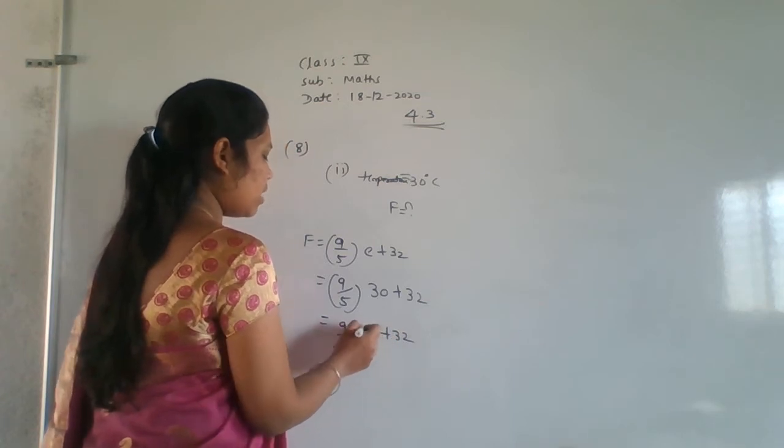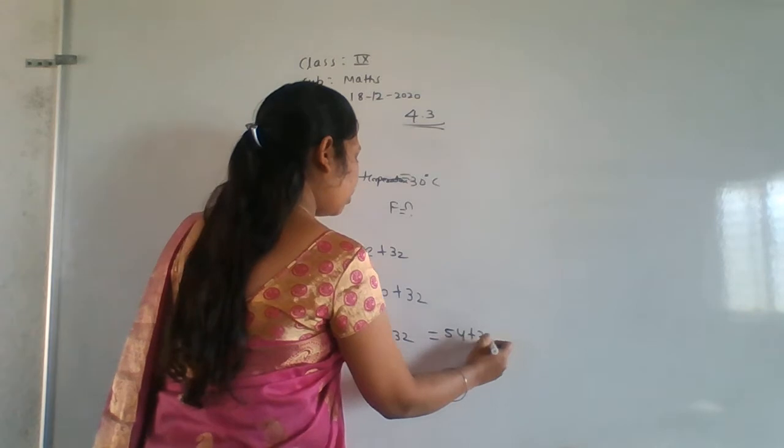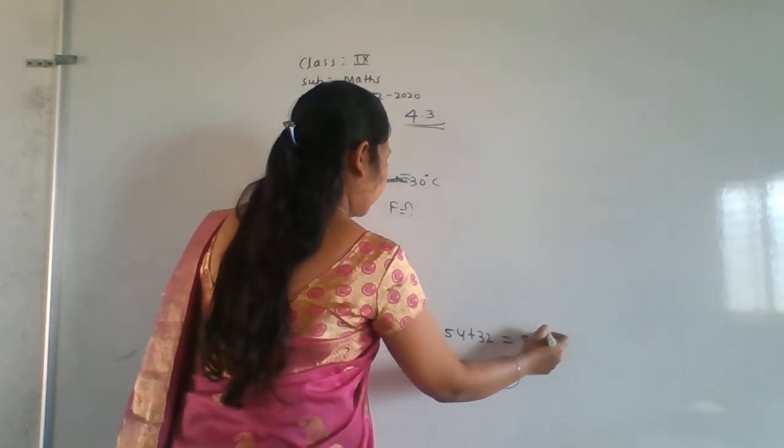9 6s are 54, plus 32, that is equal to 86.